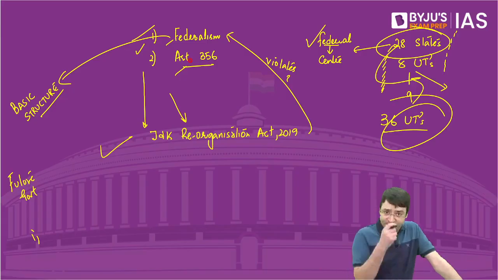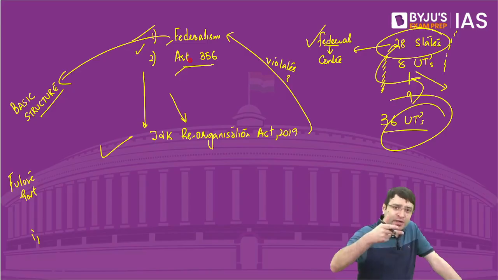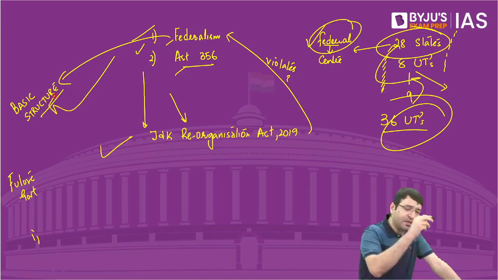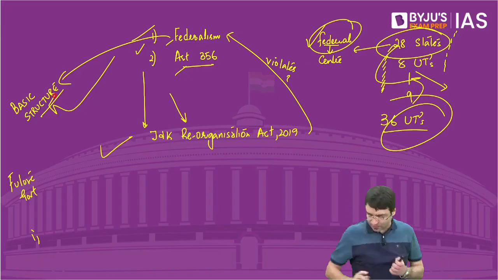By that logic, if this power indeed is with the parliament, then it can use Article 3 to convert India into a union of union territories, which would violate federalism, which is part of the basic structure of the Constitution. That is Article 3 of the Constitution. Any questions? Let me know.